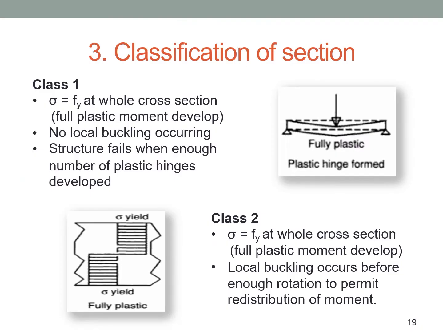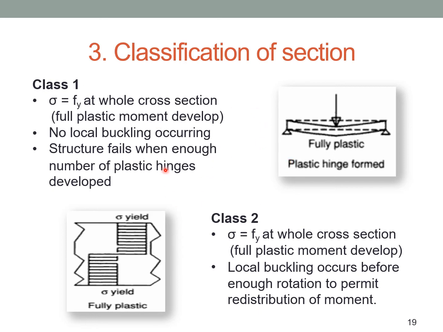Okay, so let's move on to classification of the section. The beam section can be classified into four classes: class 1, class 2, class 3, and class 4. For class 1, the stress is equal to Fy over the whole cross section. It means that the full plastic moment is developed. There is no local buckling occurring in the section, and the structure will fail when enough plastic hinges develop.